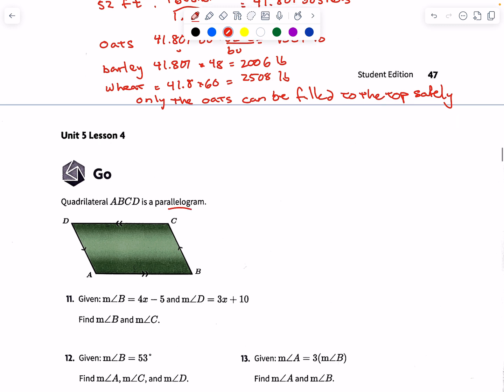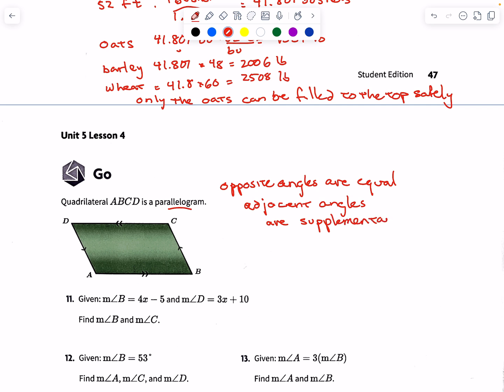Okay, parallelogram. What do we know about parallelograms? Measure of angle. Ooh, angles. What do you call the word that adds to 180? Okay.